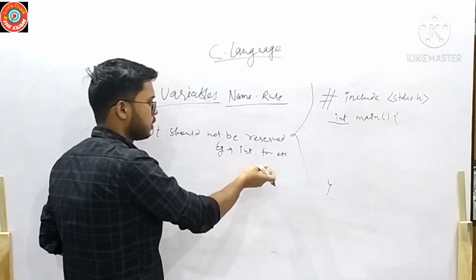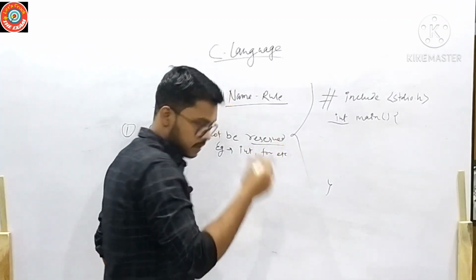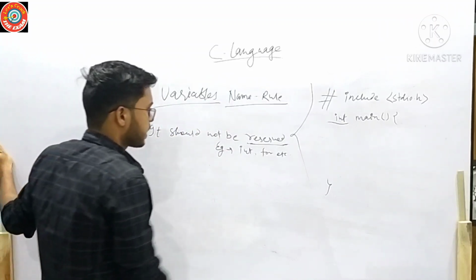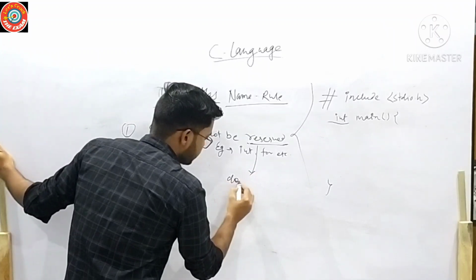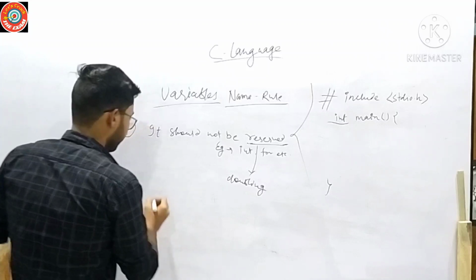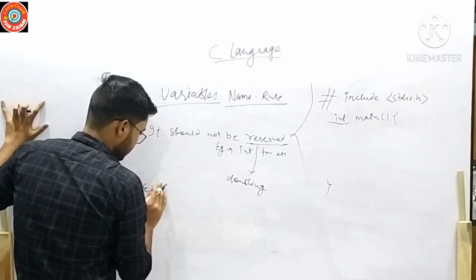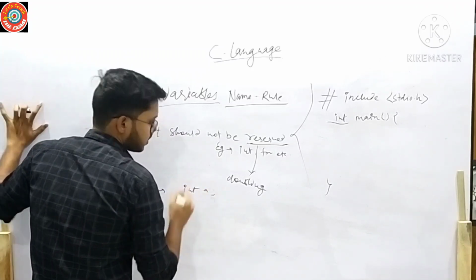Here reserved can also refer to duplication of a variable. So for example, you have used int a in a program.